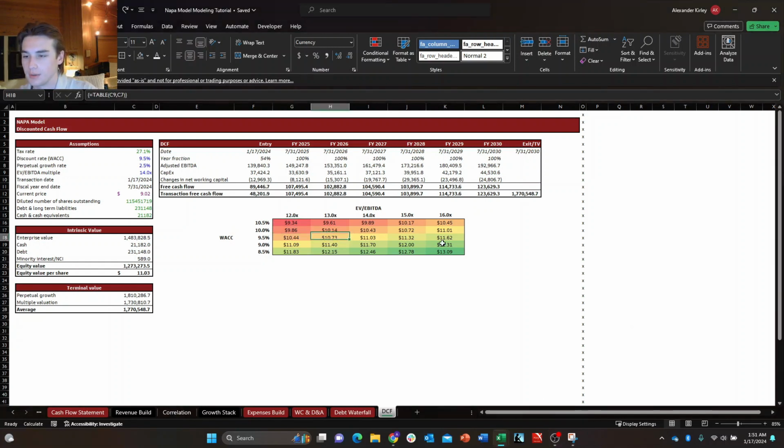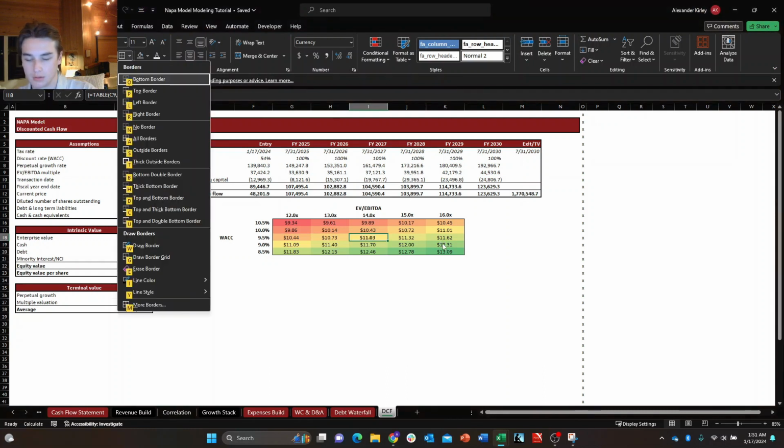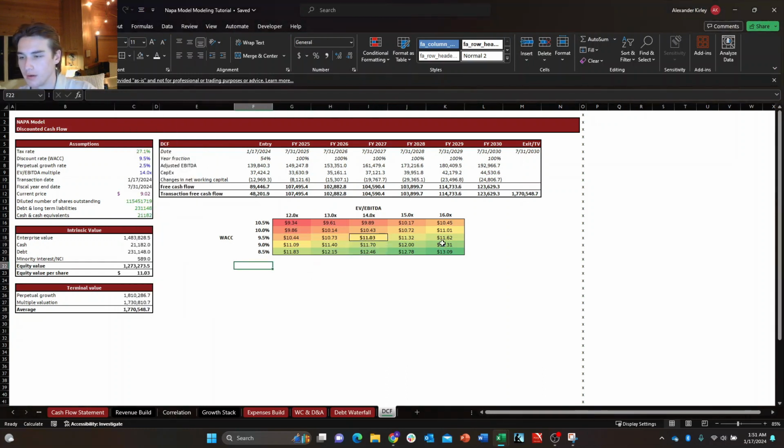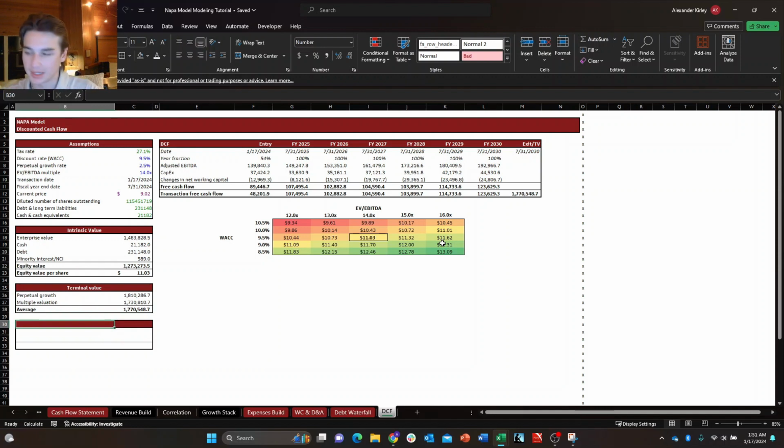What I also like to do is make a sensitivity table for percentages. So before we do that, we have to create an upside downside.